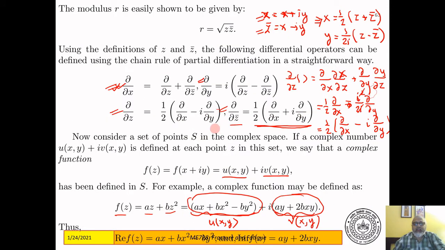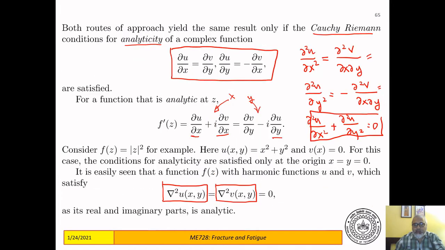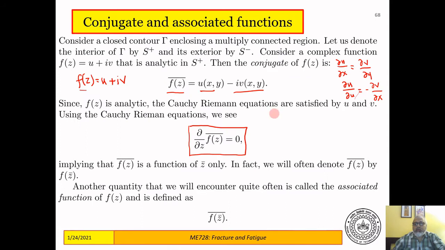So ∂_z is 1/2 (∂_x − i ∂_y). So we will apply 1/2 (∂_x − i ∂_y) to (u − iv).